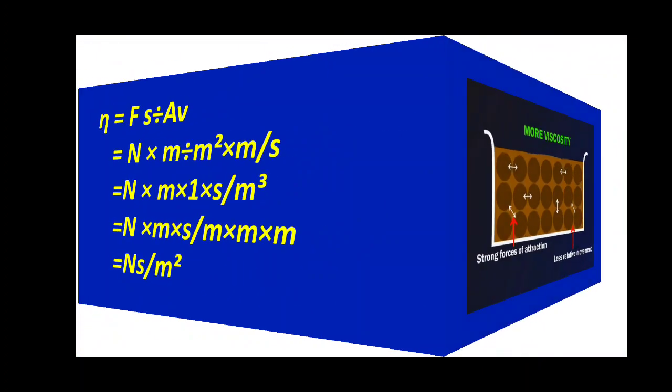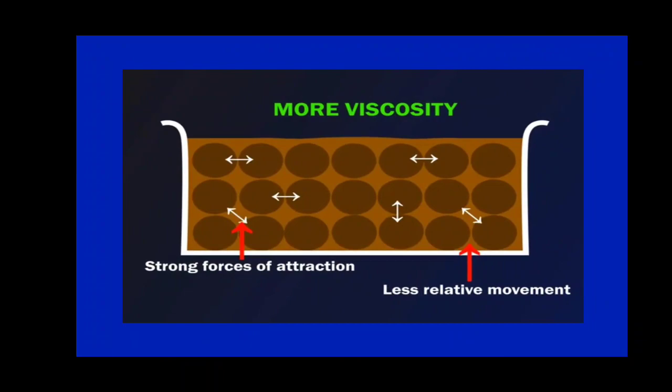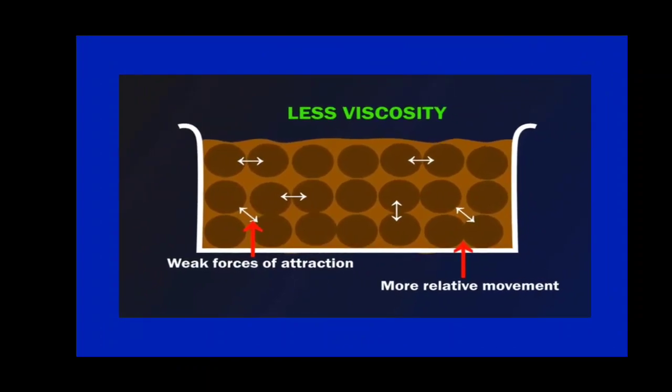A liquid is said to have more viscosity when there is a strong force of attraction between its molecules and there will be less relative movement. But a liquid is said to have less viscosity when there is a weak force of attraction between its molecules, and there will be more relative movement.